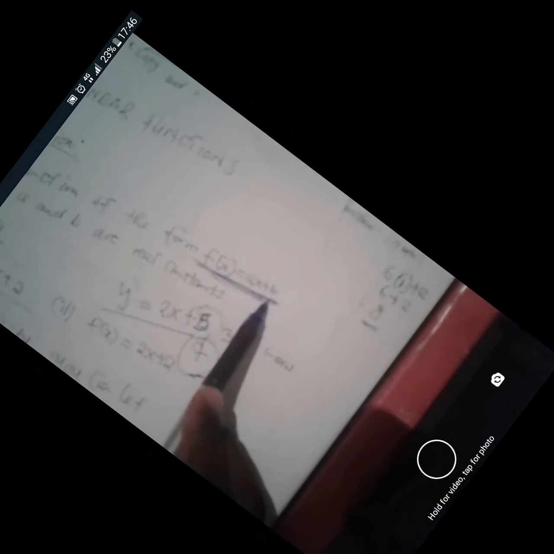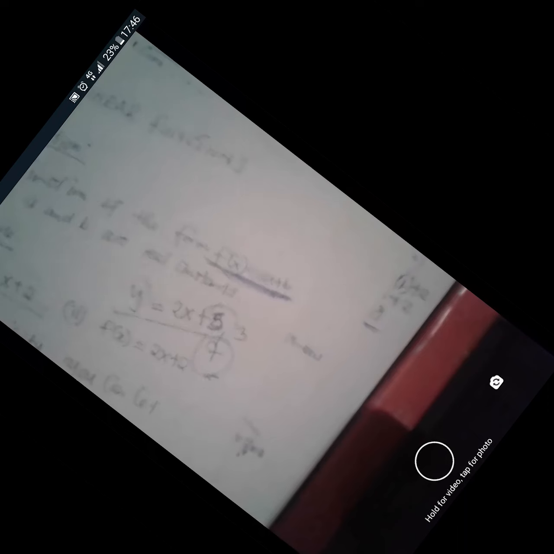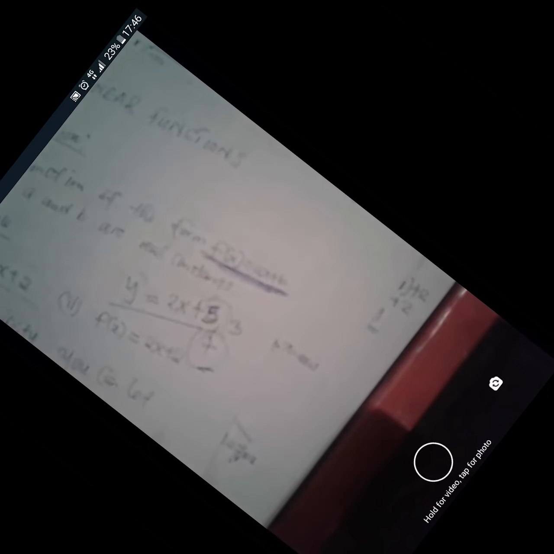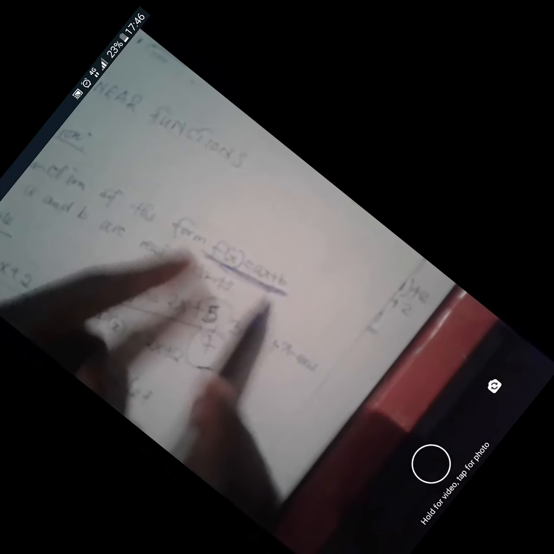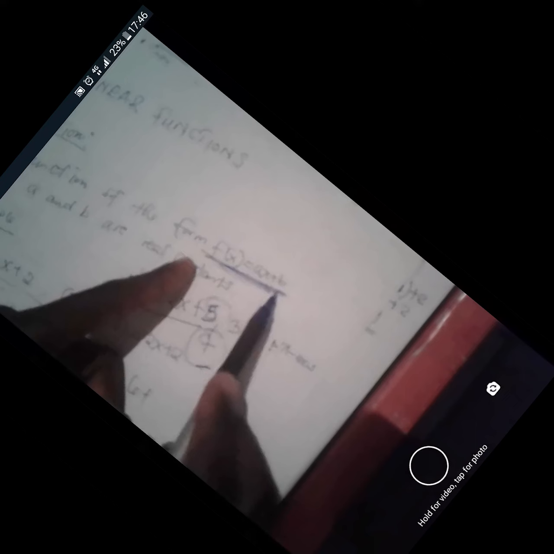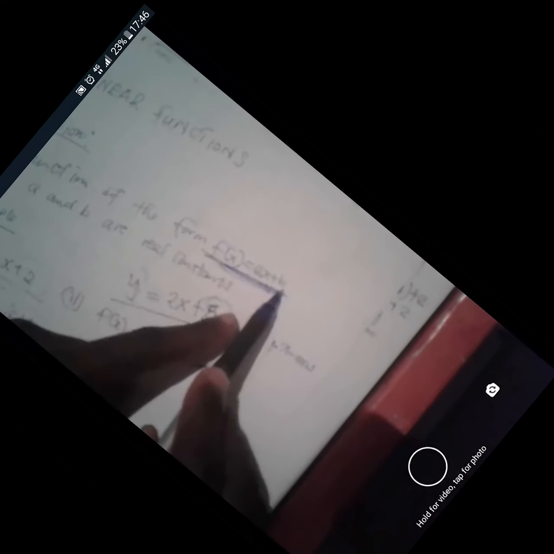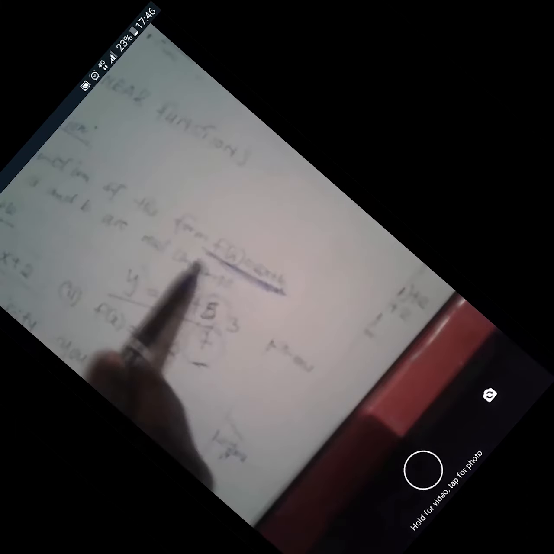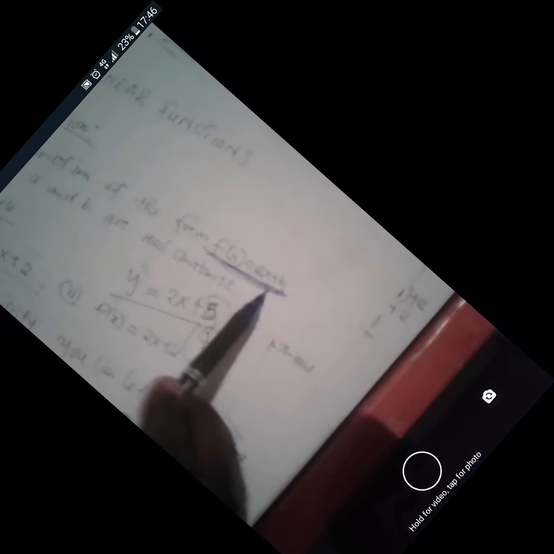This is the standard form of a function. Sometimes it cannot be in a standard form, but you have to express it in a standard form so that you have the gradient and the y-intercept there. But the general form of a linear function is simply f of x equal to ax plus b. That is what we have.